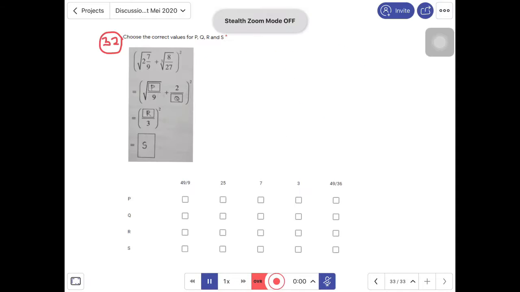Over here we have square root, cube root, bracket, and also square outside here. So what we must do is we have to solve everything in the bracket first. So just leave the square outside here until the end. Okay, so for the square root of 2 7/9, you must change the mixed fraction into improper fraction.